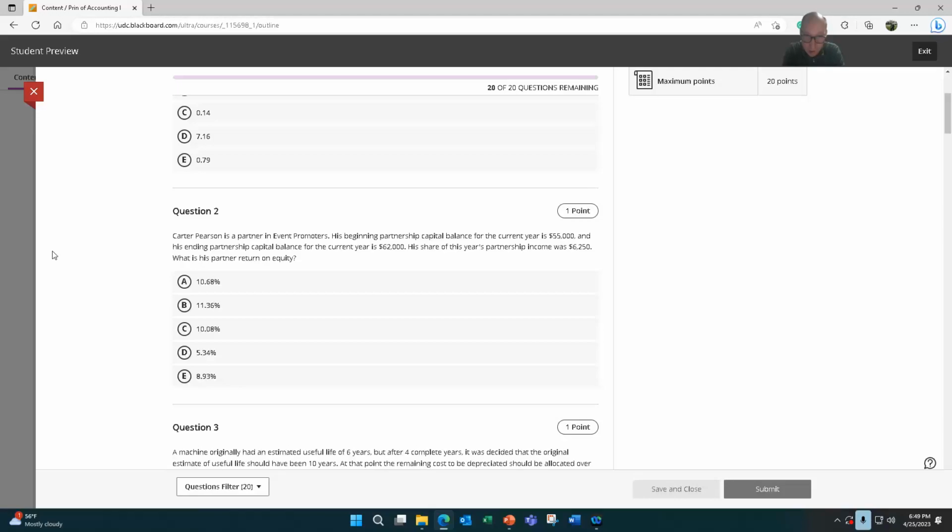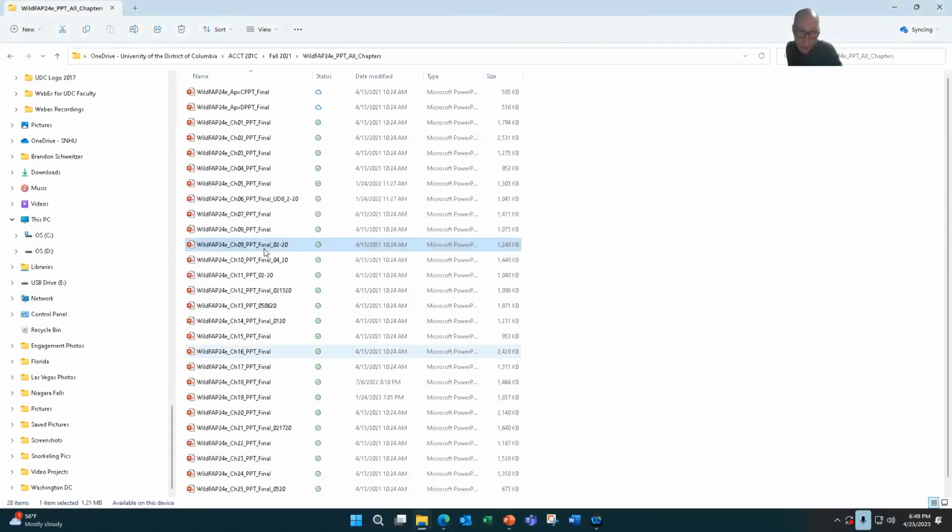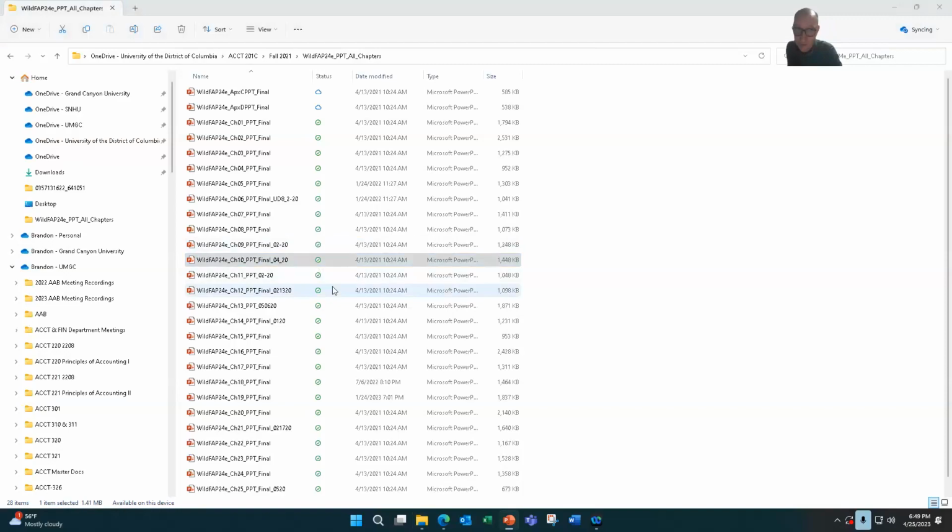His share of this year's partnership income was $6,250. What's the partner's return on equity? I can tell you that question 2 comes from your partnership accounting chapter, which I suspect is probably chapter 10.